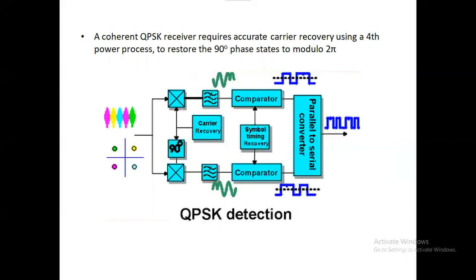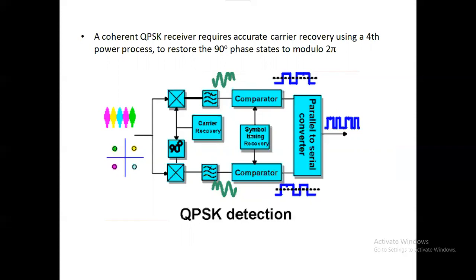This is the in-phase component after matched filtering the signal. So we get the output of the signal, and then the comparator will decide whatever we have transmitted.